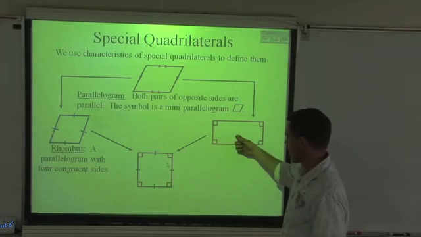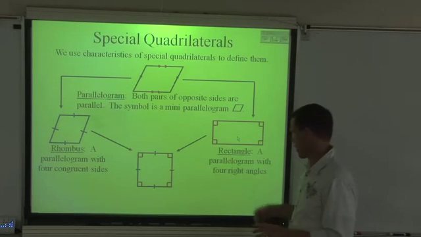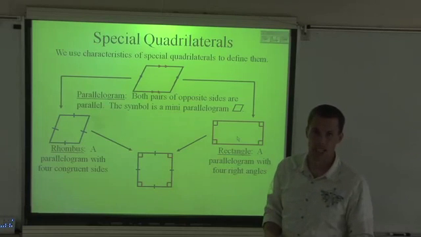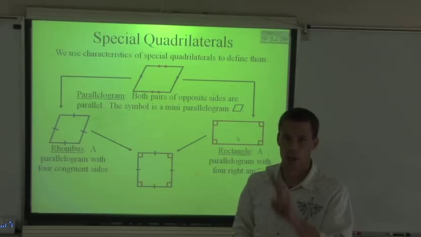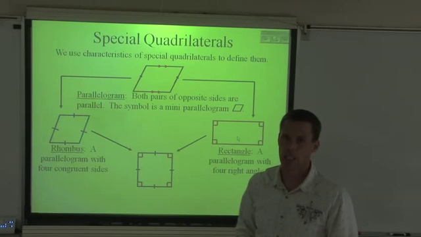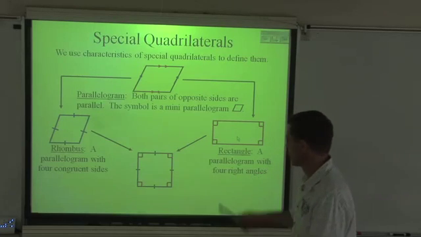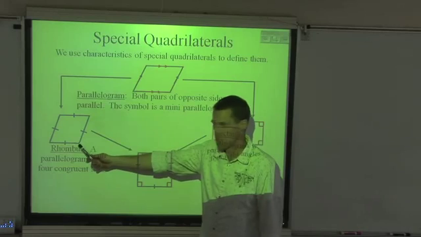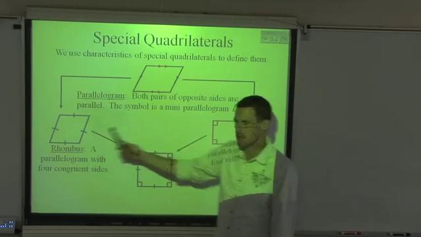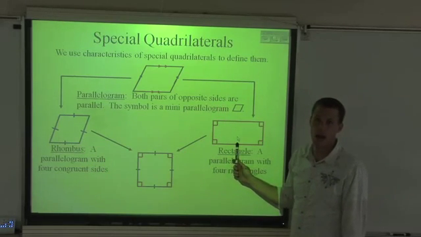So we like to call this a rectangle, a parallelogram with 4 right angles. That is the definition for rectangle. The 2-word definition is equiangular quadrilateral. Parallelogram, rhombus, equilateral quadrilateral, rectangle, equiangular quadrilateral.